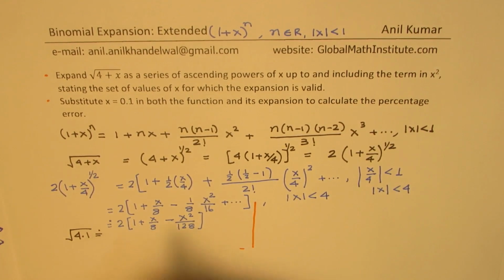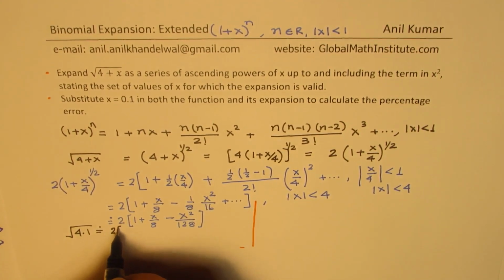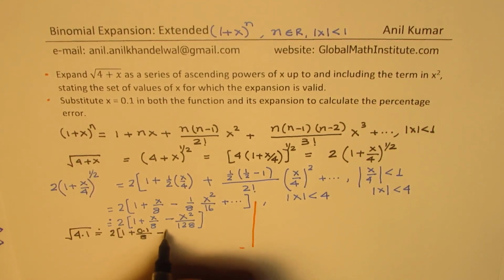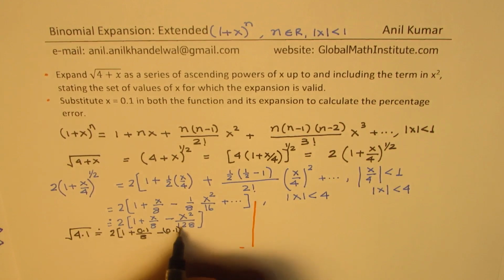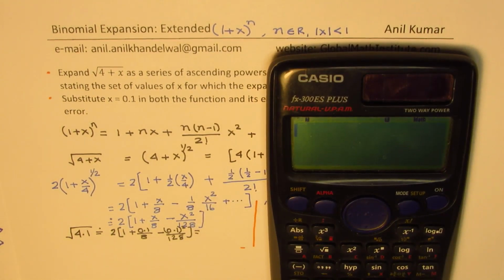So it's approximately equal to, as per our formula, 2 times 1 plus 0.1 over 8 minus 0.1 squared over 128. Let's calculate this value using the calculator. So we get 1 plus 0.1 divided by 8 minus 0.1 squared divided by 128.